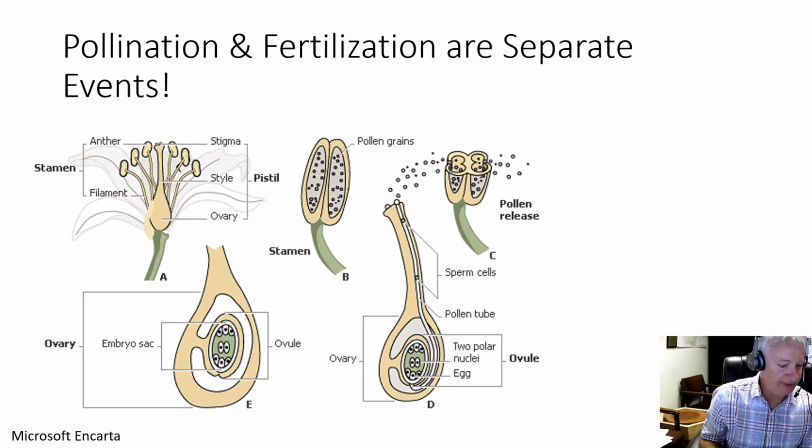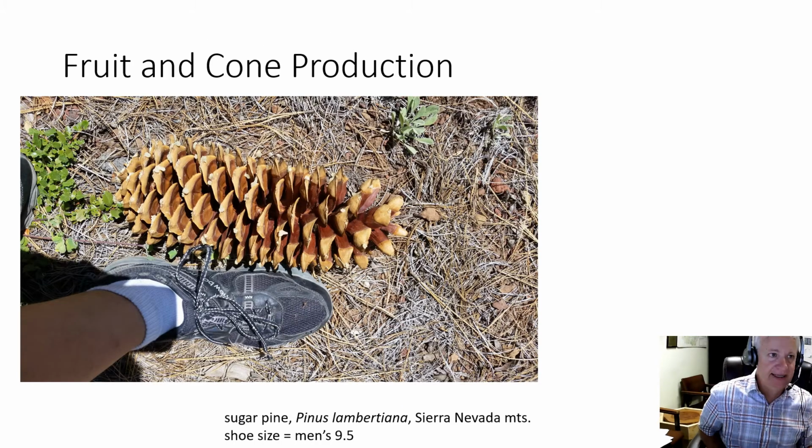Then the next step is growth and differentiation of the embryo within the seed, and then the growth of fruits and cones to maturity and ripening. And I always like to show off this picture of a sugar pine cone taken in the Sierra Nevada.